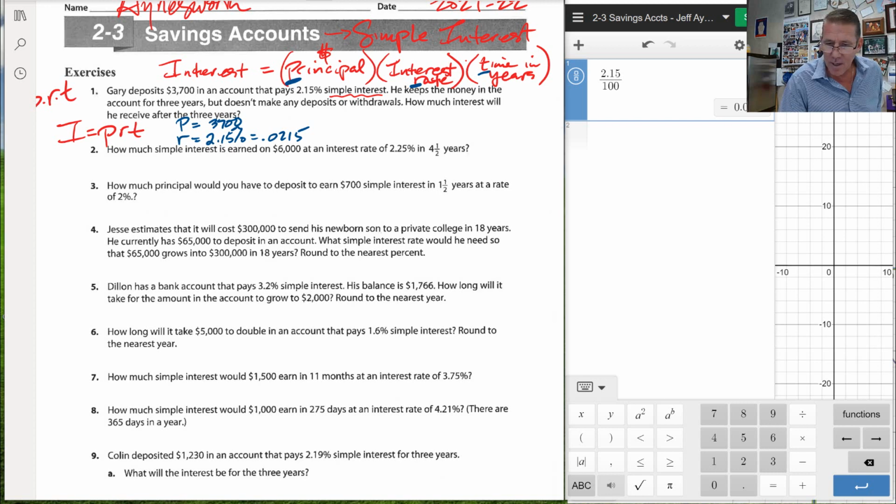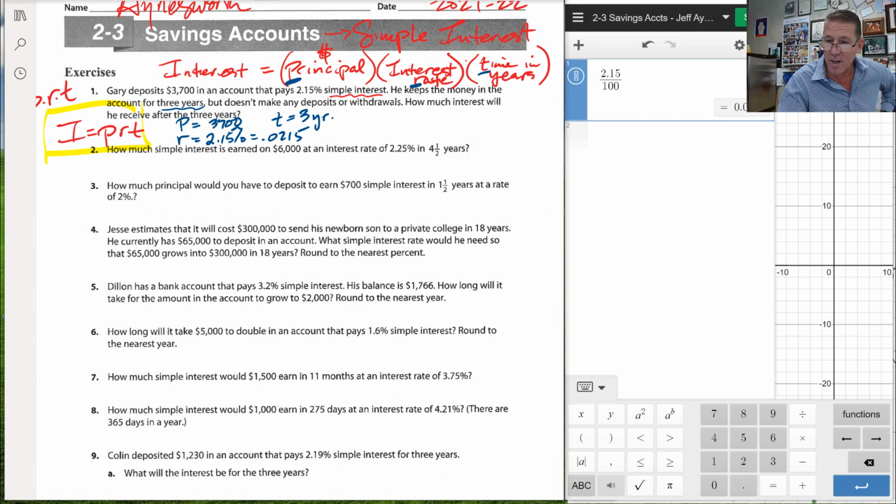He keeps all the money in the account for 3 years, so there's your time in years. So T is equal to 3 years. Make sure that you understand that T is in years, not in months, always for this. Whenever you're using the simple interest formula, I is equal to PRT, interest equals principal times rate times time, T has to be in years.